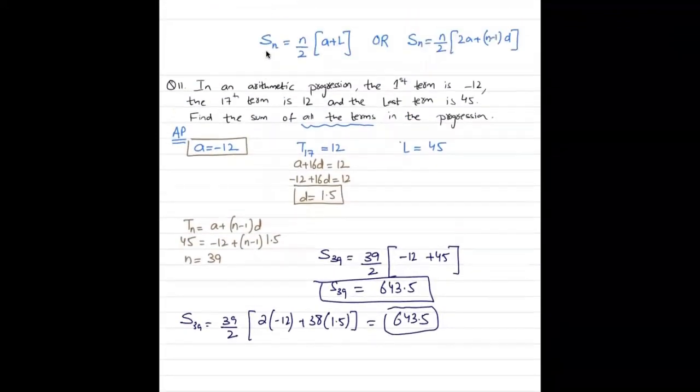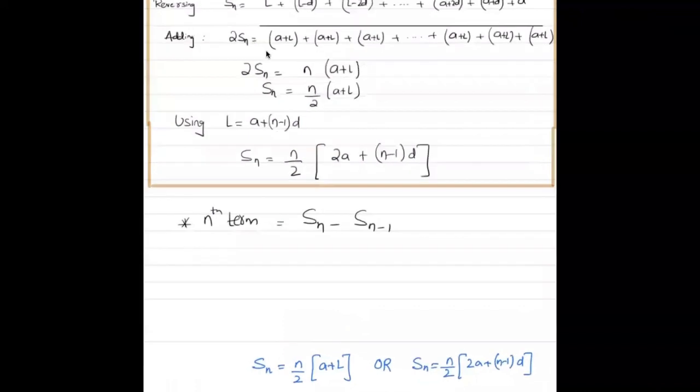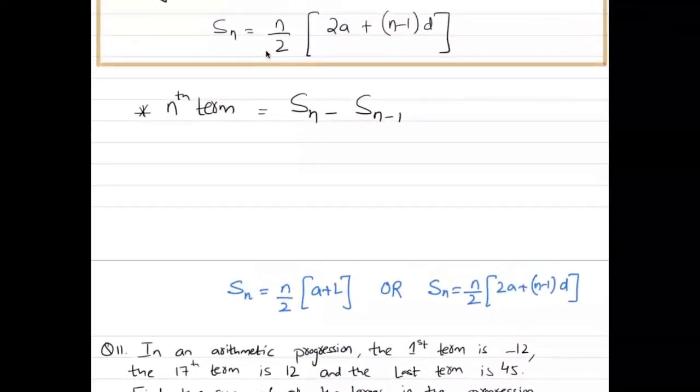Okay, so everyone right now is clear how to make use of both the formulas. Now there is another concept, which is to find the nth term. Okay, guys, try to understand this. 1, 2, 3, 4, 5, 6, 7, 8. Let's say there are 8 terms of the progression, and I ask you to calculate the 8th term.